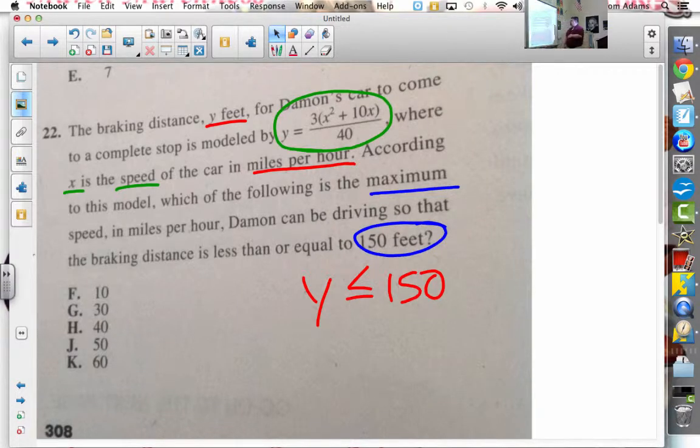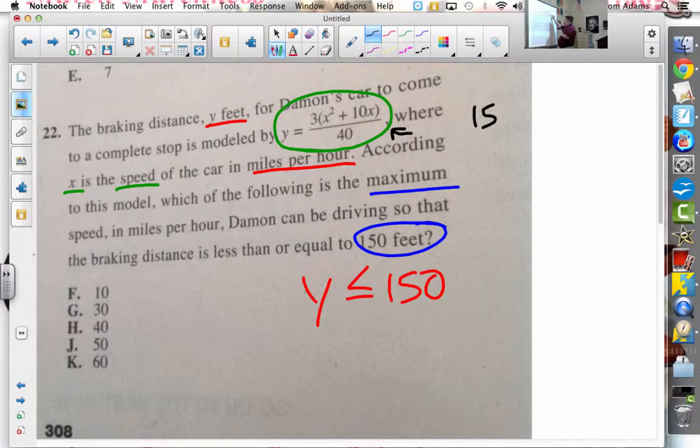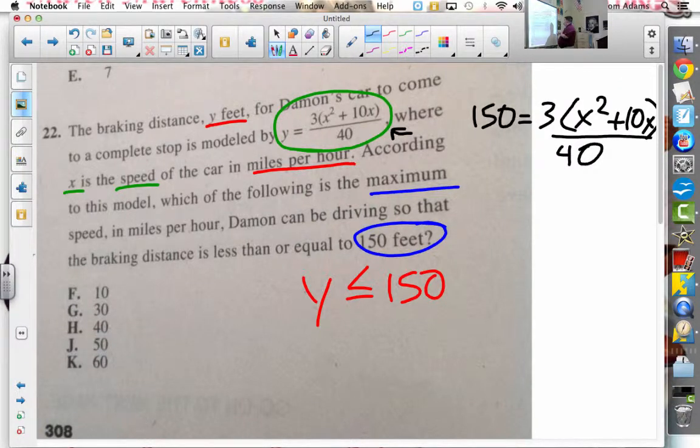Now the easiest way to do this, we could do it algebraically, which would mean we take this equation and say 150 is equal to 3 times x squared plus 10x all over 40, and then solve for x. I'm going to do this real quick, and then I'll show you how to do it on the calculator.